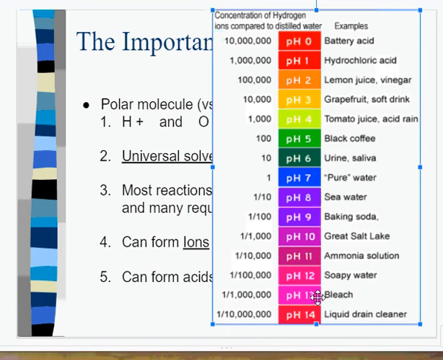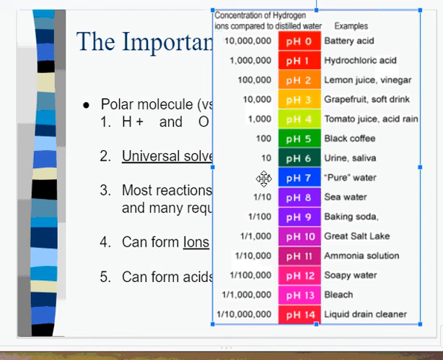You probably recognize bleach down here. Bleach is a very strong base, and I would say a very weak acid, right? Because it's so acidic, or excuse me, it's so basic. It is important to recognize that each change in number on the pH scale is a 10 times or 10-fold increase in strength.